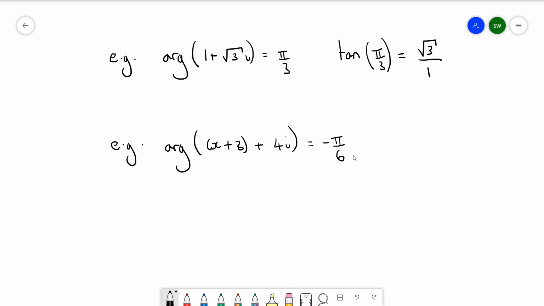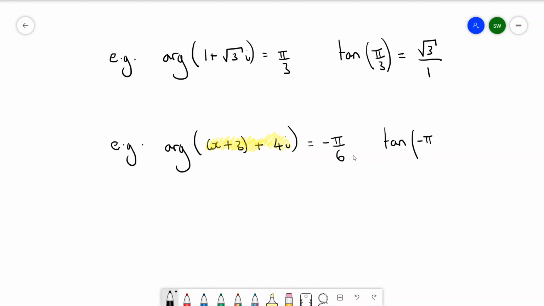Then we can write an equation involving x, because we know if we do tan of this complex number's argument, so this is our complex number w that we're talking about now, and we're told this equation basically says that the argument of that yellow complex number is minus pi over 6.